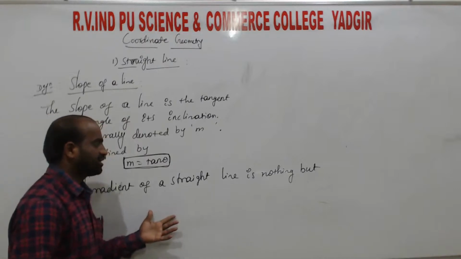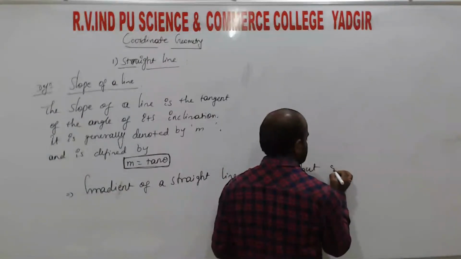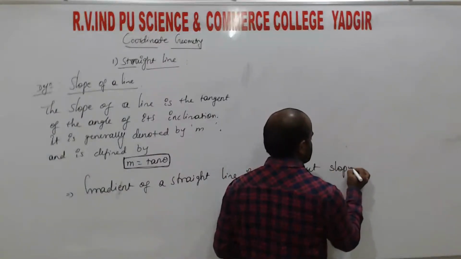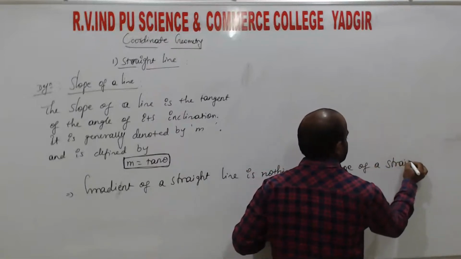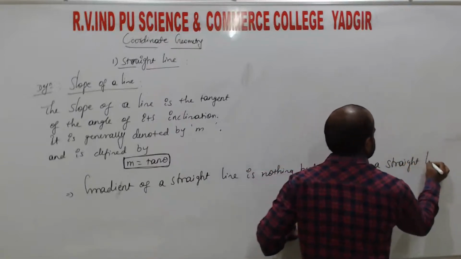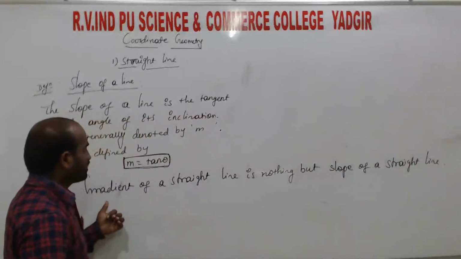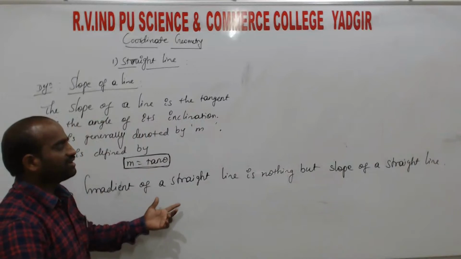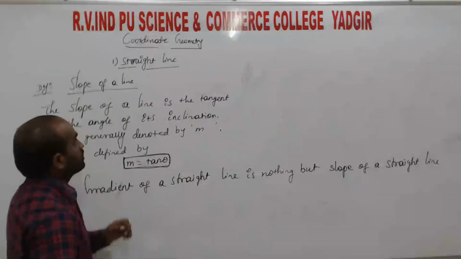Gradient of a straight line is nothing but slope of a straight line.